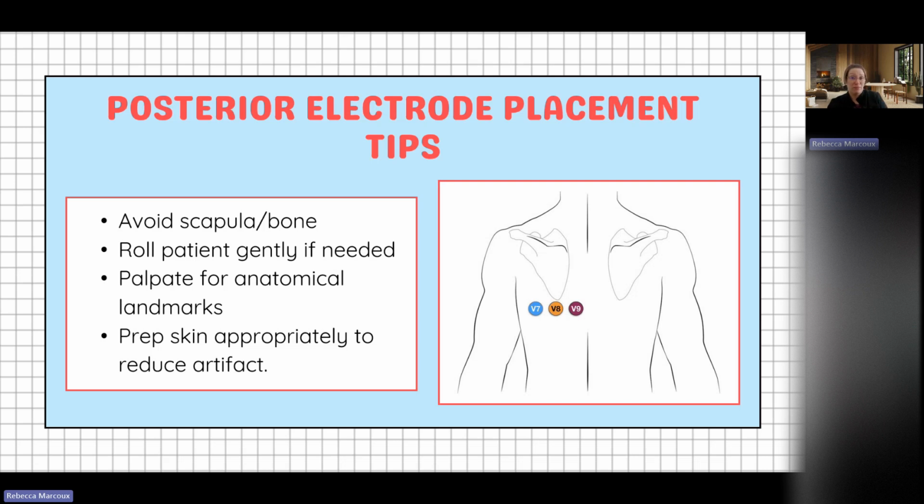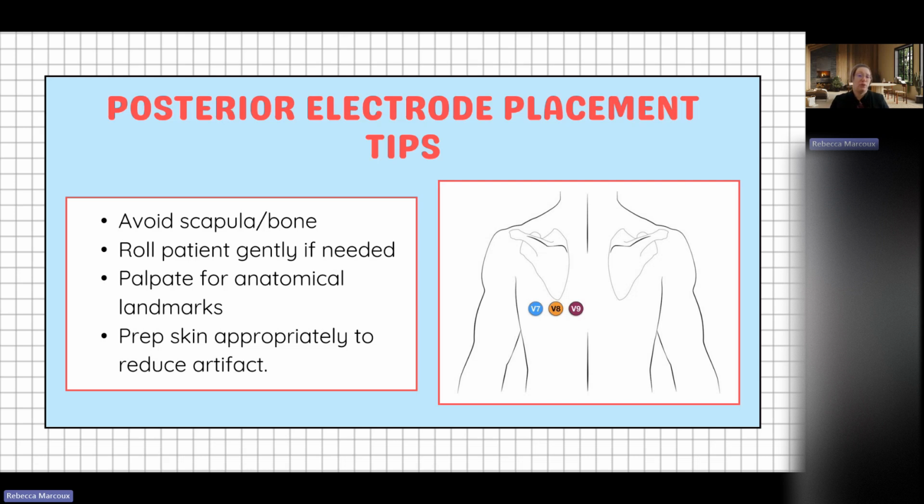And bone does not transmit electricity, so we really want to do our best to put them not over major bony prominences. We can palpate for anatomical landmarks, of course, while we're placing them. So again, posterior axillary line, then one in the middle and one at the paraspinal line. So 5th intercostal space right at the line. And then of course, skin prep appropriately.